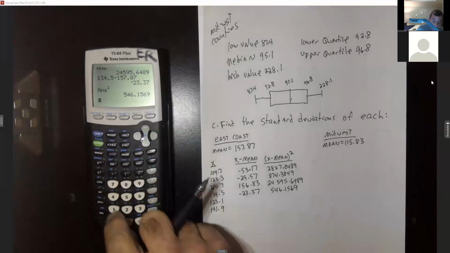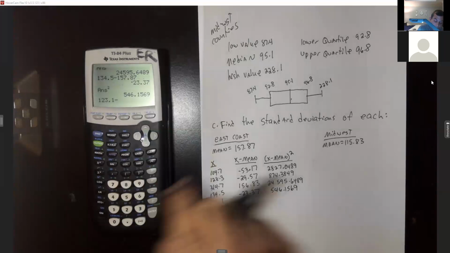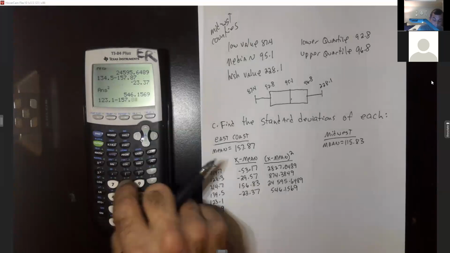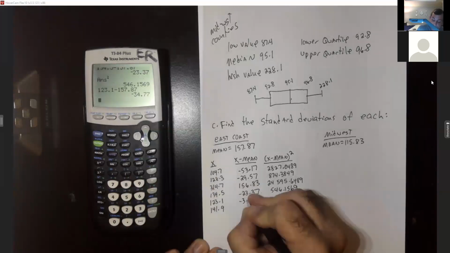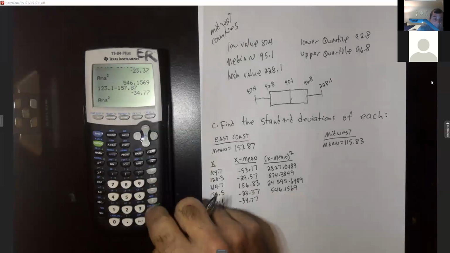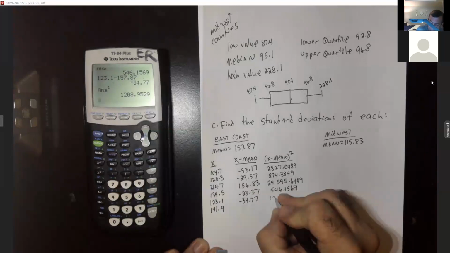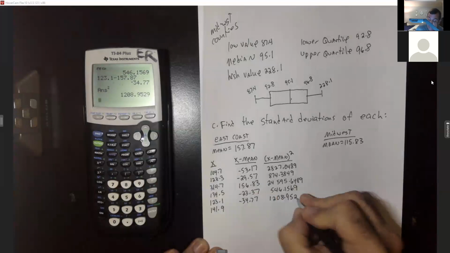123.1 minus 157.87 is going to give me negative 34.77. Square that, and I'm just hitting that x squared button to square them. That is 1208.9529.